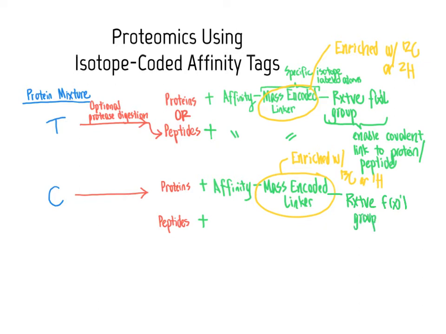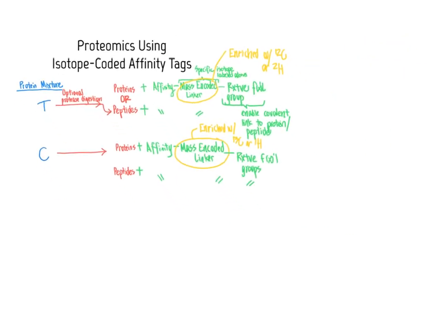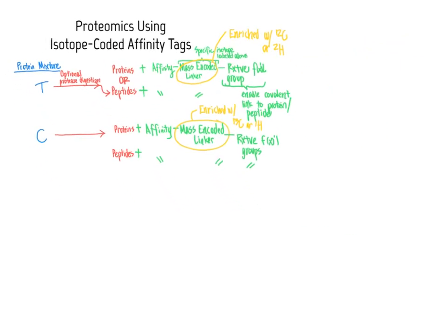And that enables the linkage covalently of this tag to our protein or our peptide. So the reaction would take place to join covalently the protein or the peptide from the treatments and the controls to this isotope-coded affinity tag.